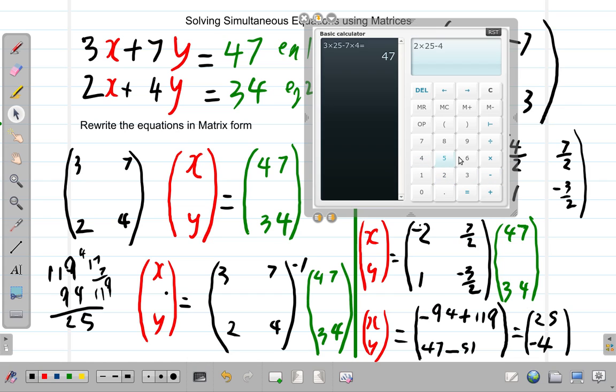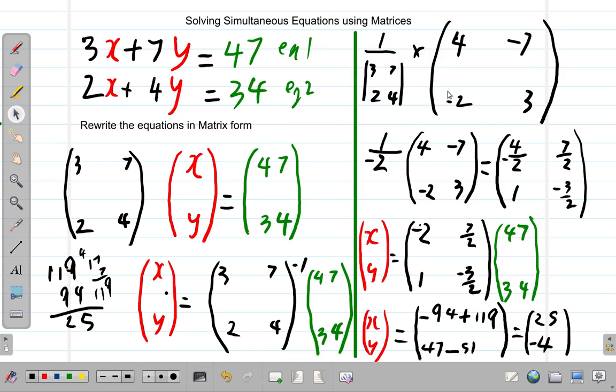Minus 4 times 4, equal, and we get 34. So the equation does work out. So that's how you solve a pair of simultaneous equations using matrices.